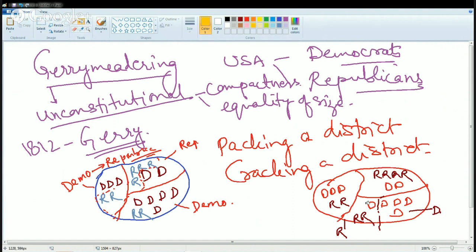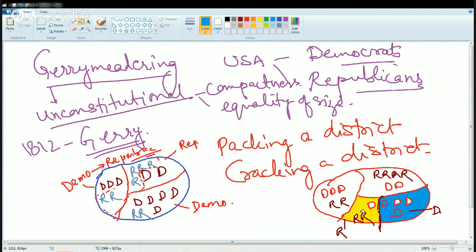So if I draw a line here, what would happen after dividing this? I can say I will have a win over this district because this is now Republican dominated. Previously, this whole region was under Democrats, but now this much portion goes to Republicans, and only this much portion is left with Democrats.